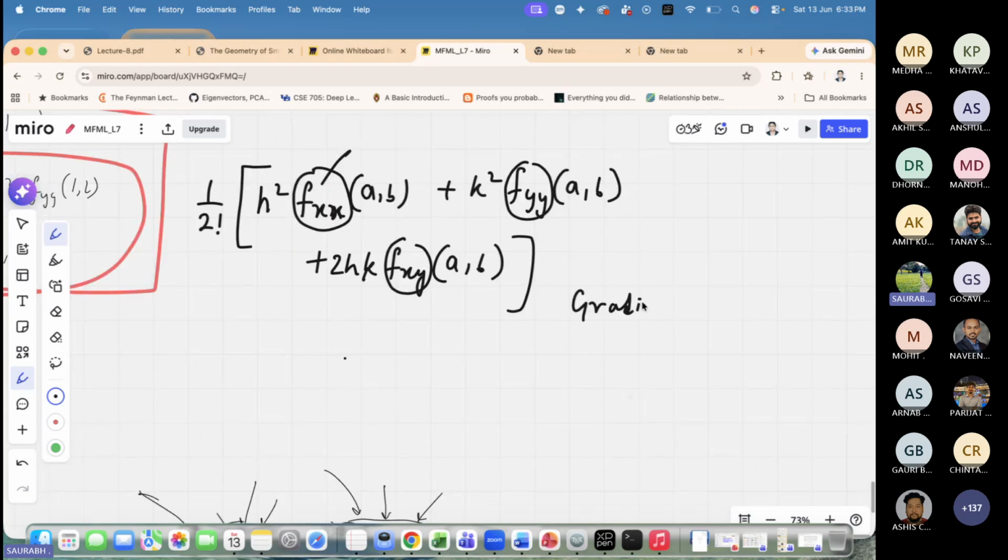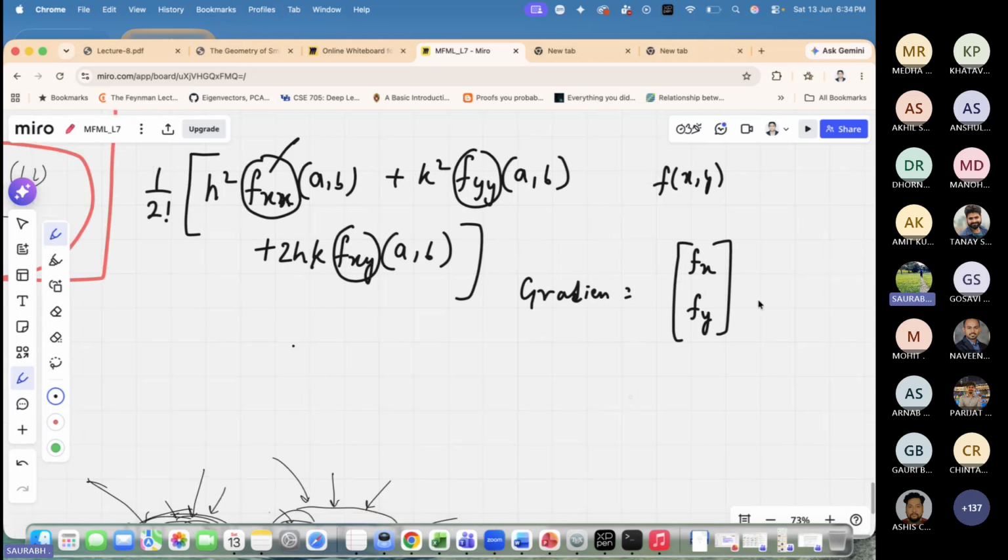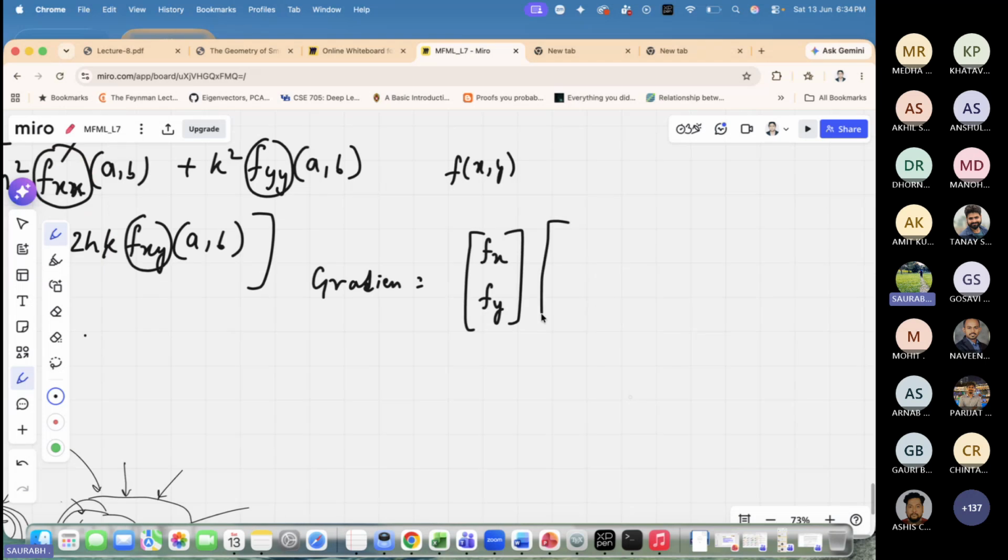gradient as an assembly of partial derivatives, right? Let's say there is a function of two variables x and y, then you will calculate the derivative with respect to x and the derivative with respect to y. These are partial derivatives, right? Or you can write it as del f by del x, del f by del y.